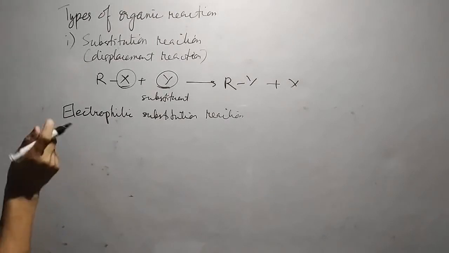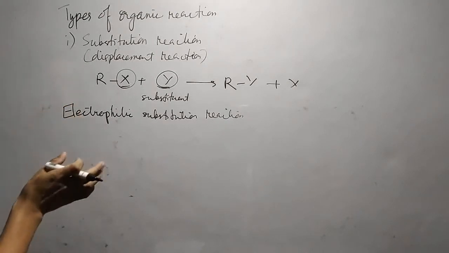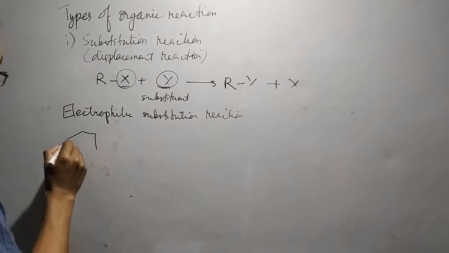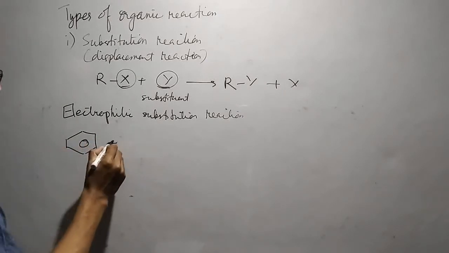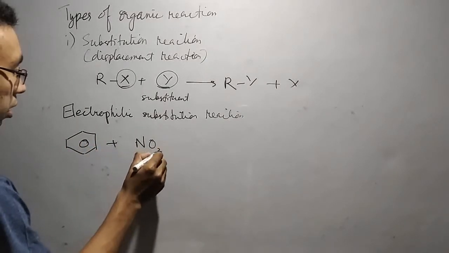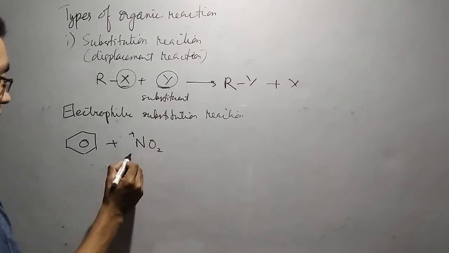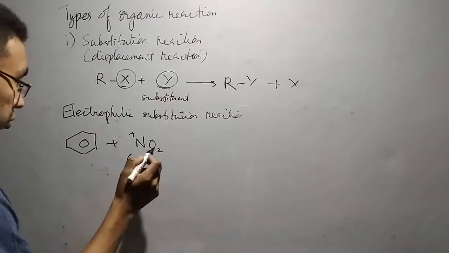Electrophilic substitution reaction. In this substitution reaction, an electrophile is substituted. Let us see one example, that is benzene. Now this is nitration, where a nitro group is added.